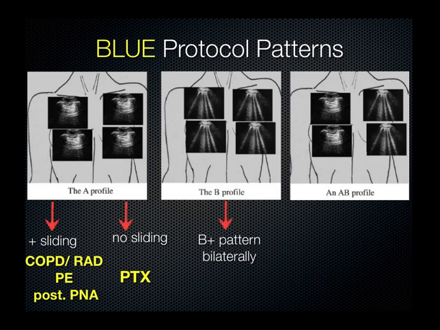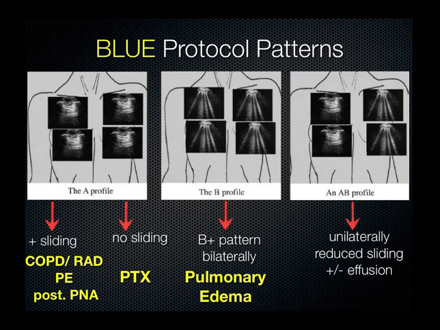For predominance of Bs bilaterally, the common outcome was pulmonary edema. And something called an AB profile, where you have B lines on one side and A lines on the other, or unilateral predominance of one over the other, if there were reduced sliding and an effusion, then the outcome, pneumonia.